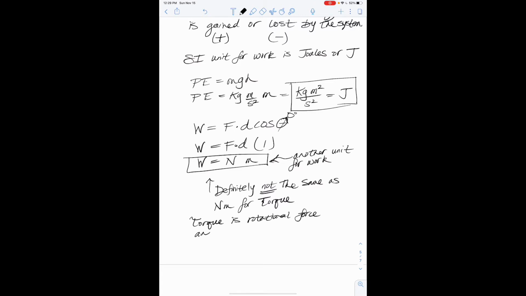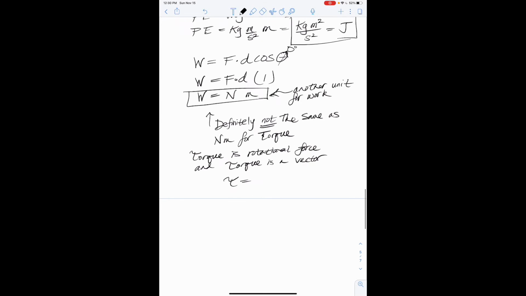And torque is a vector. If you remember, torque came from torque equals R cross F, a cross product, and a cross product produces a vector. So torque is in itself a vector, and therefore the formula ends up being R F sine theta.